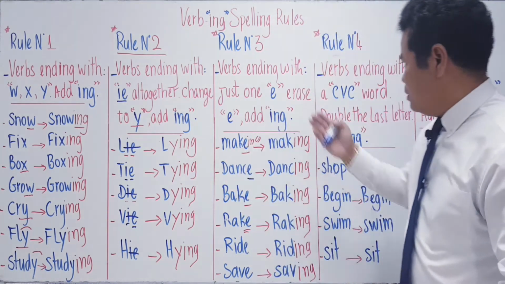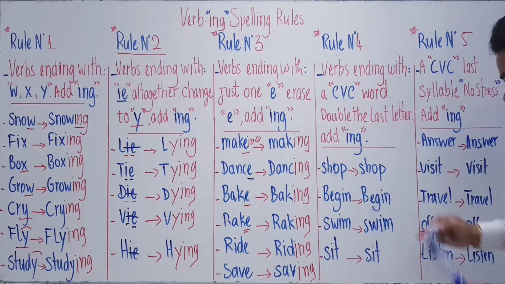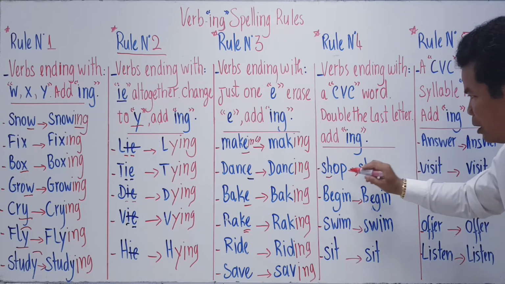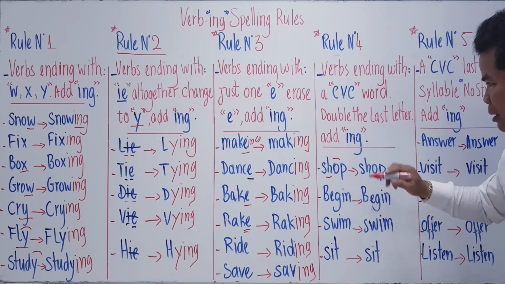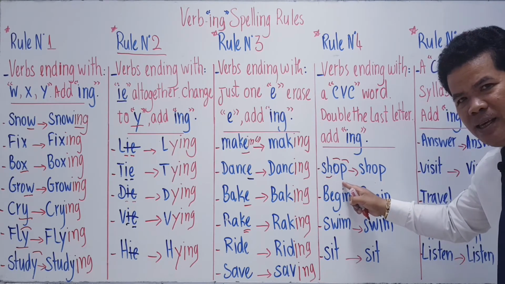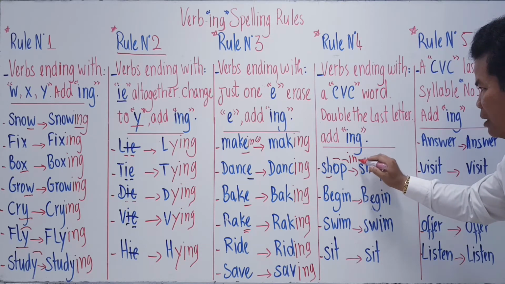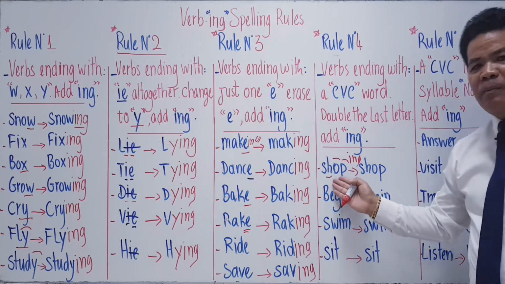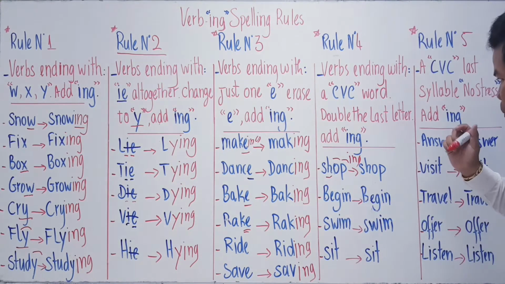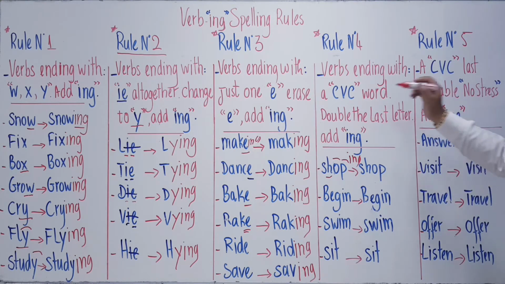Okay? Now, let's go. Shop. H is a consonant, O is a vowel, P is a consonant. So, C, V, C. You cannot just add ing straight away to the word shop like that. You have to follow the rule. Before you add ing to the verb, you have to double the last consonant.